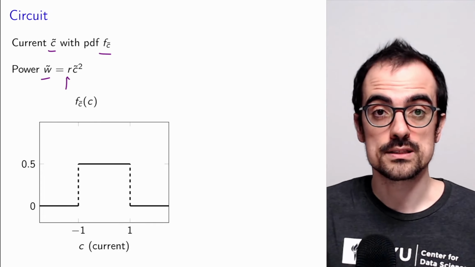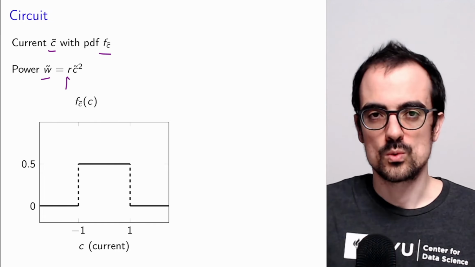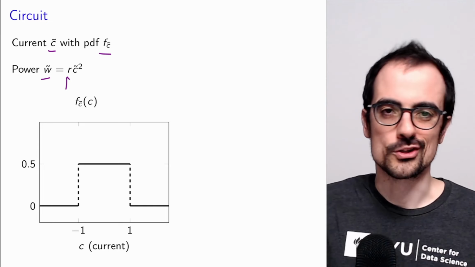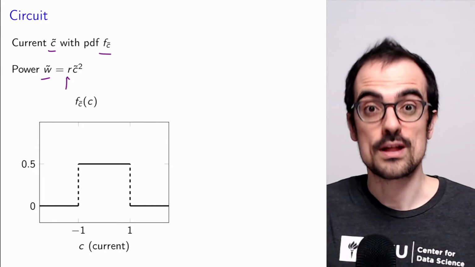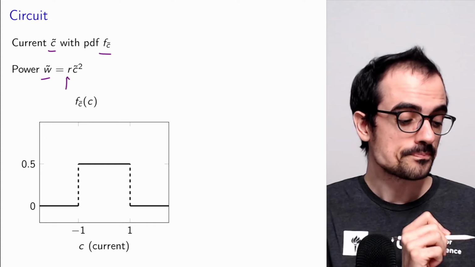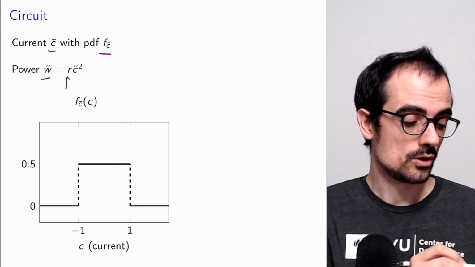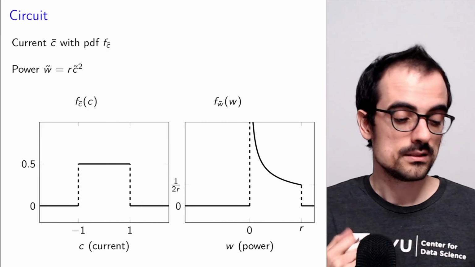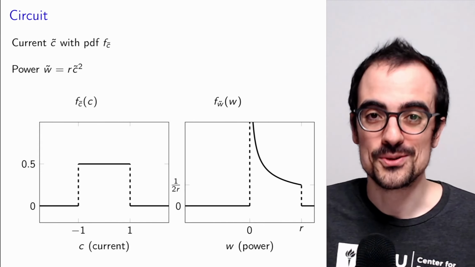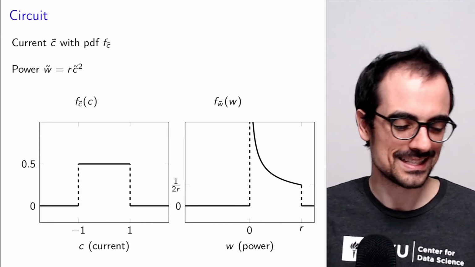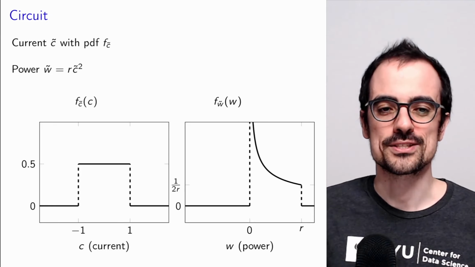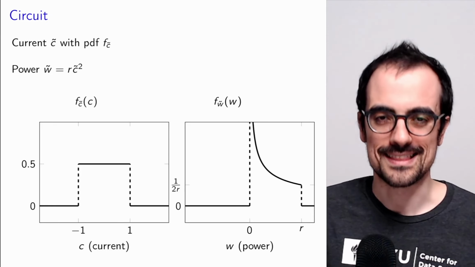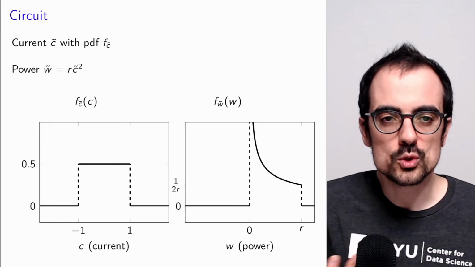It's the square of the current times R. So we defined this in the video on functions of random variables. When the current is uniform between -1 and 1, the power actually looks pretty weird. It has this expression. It looks like that.